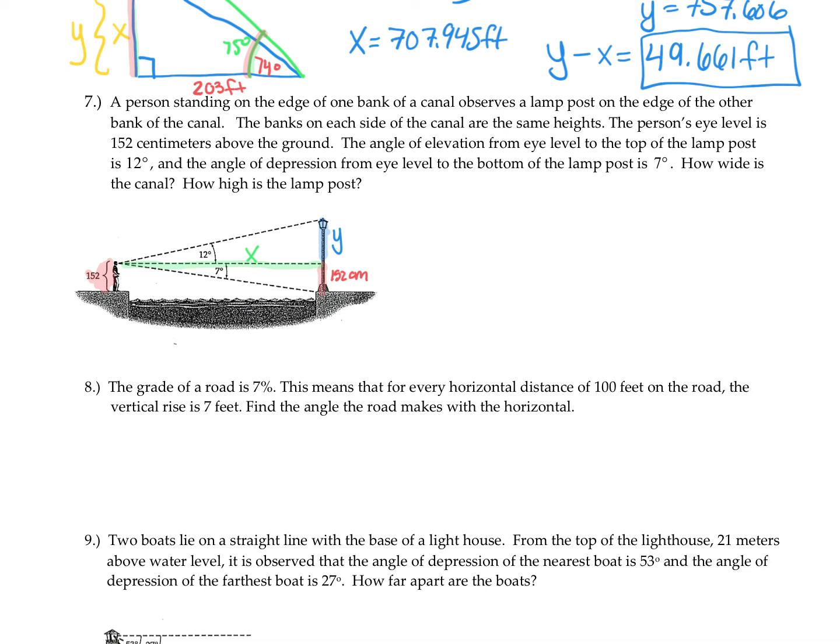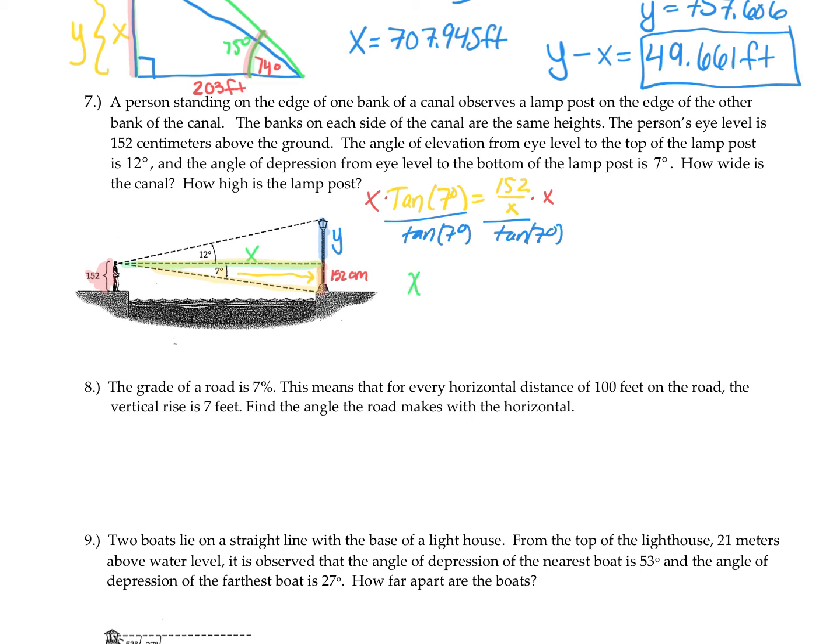So to find x, I'm going to use this depression triangle and this 7 degrees. Opposite of 7 is the 152 and adjacent is x. So tangent of 7 degrees equals opposite over adjacent. To solve this, I'd multiply by x, and then divide by the tangent of 7 degrees.